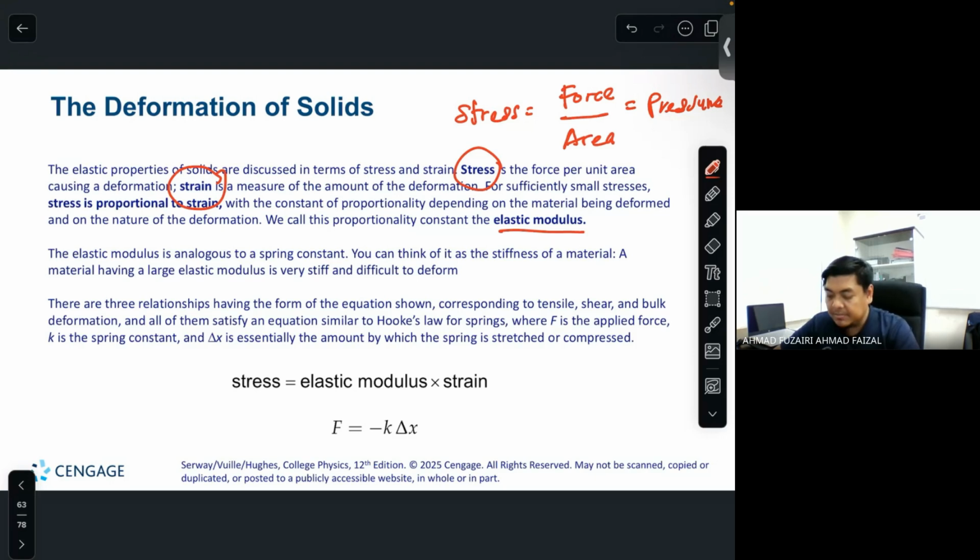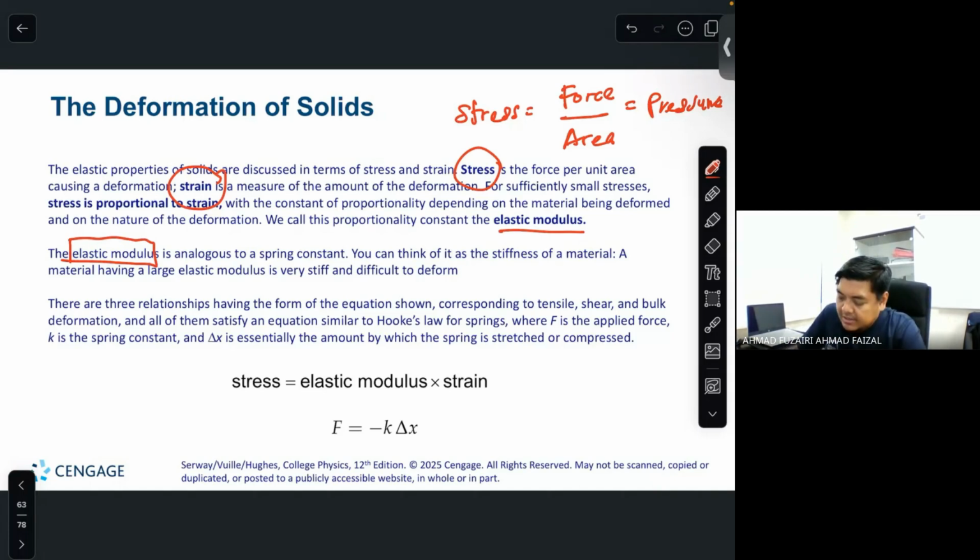The elastic modulus is analogous to a spring constant K. You can think of it as the stiffness of a material. The larger the elastic modulus, the stiffer the material, sangat keras, and it cannot easily deform.